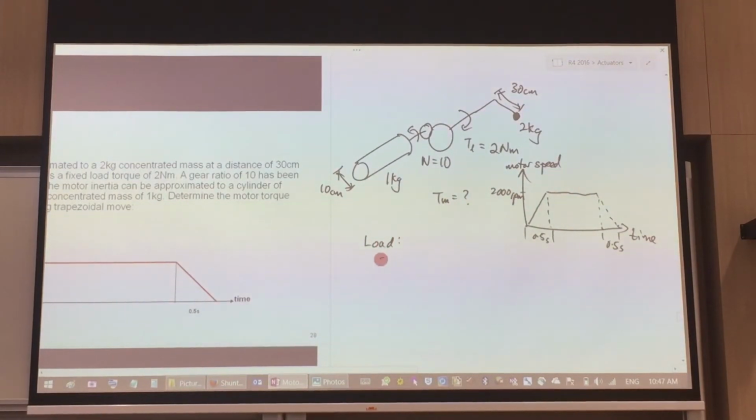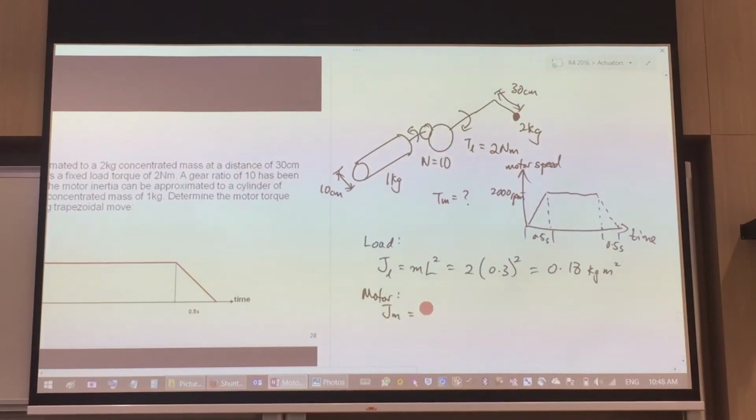So let's have a look at the load, JL. The inertia for the load will be given as M L squared, where the load side has concentrated mass, 2 kilograms, and L over here would be 30 centimeters. Convert that into meters. So you get 0.18 kg·m². How about looking at the motor side?